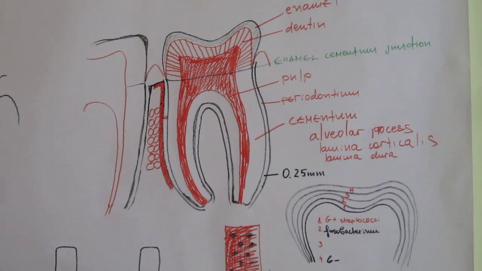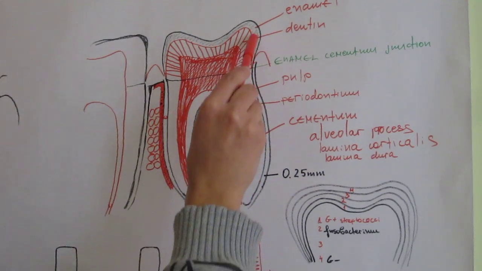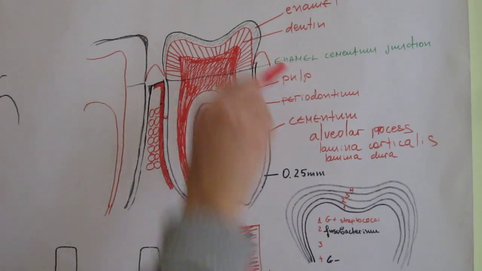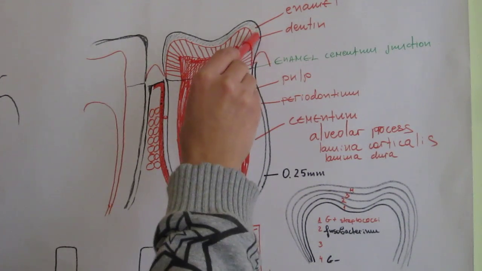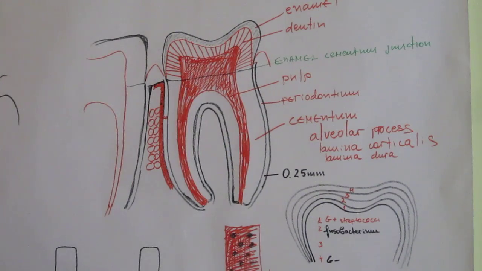So here we have this enamel-cementum junction. Sometimes this junction is exposed when there is recession or some destruction of the gingiva, and we can see the place where the enamel connects with the cementum.